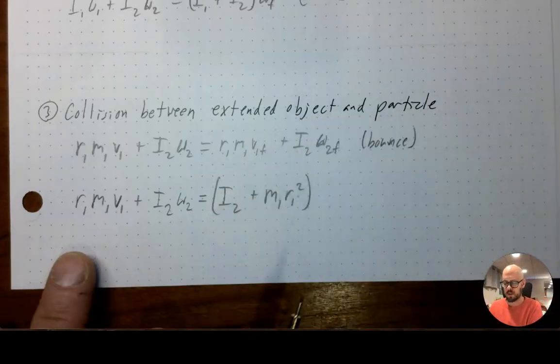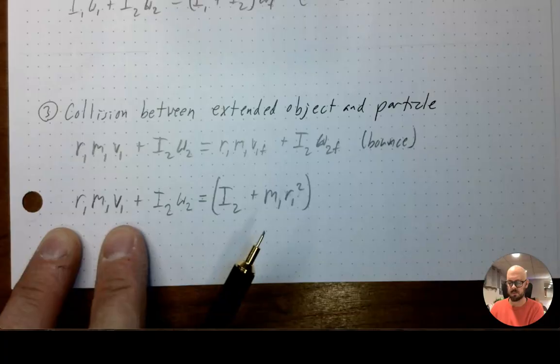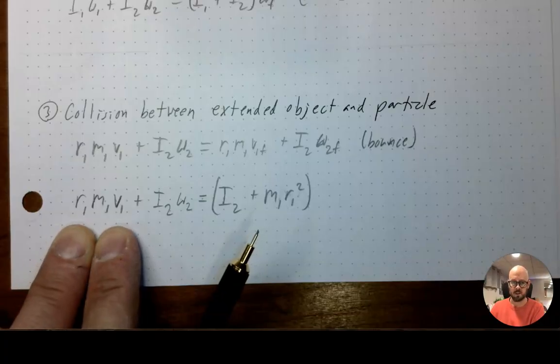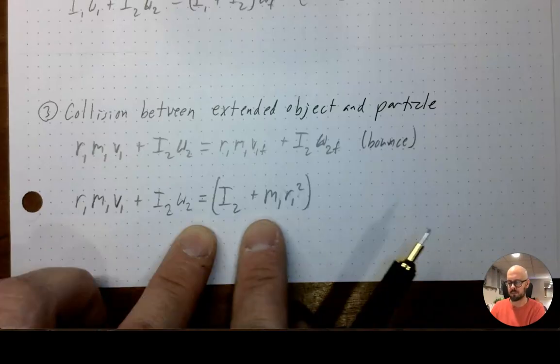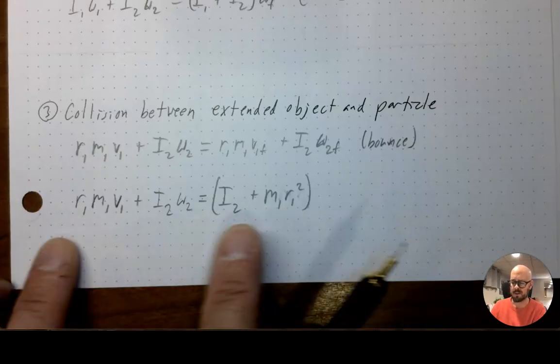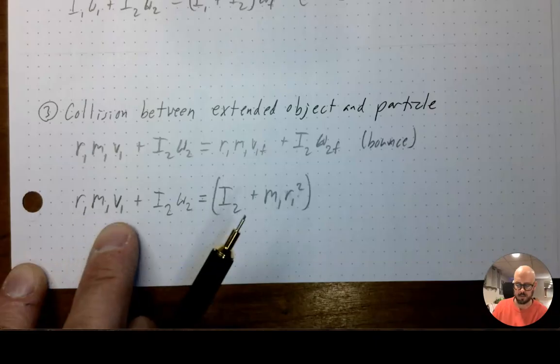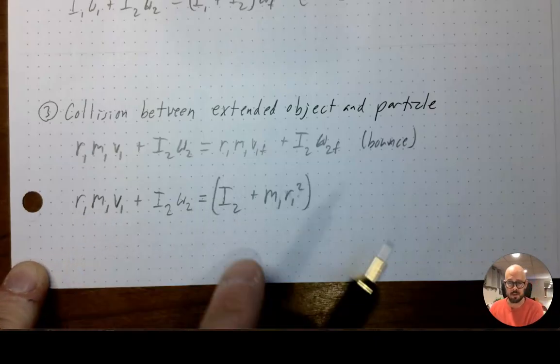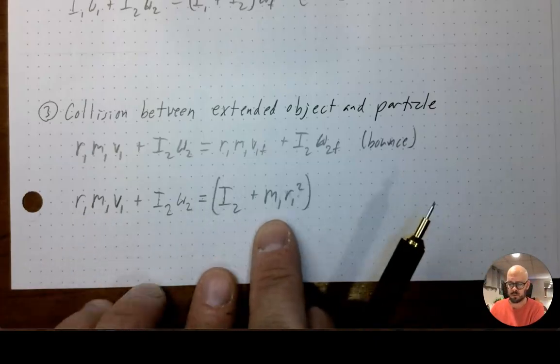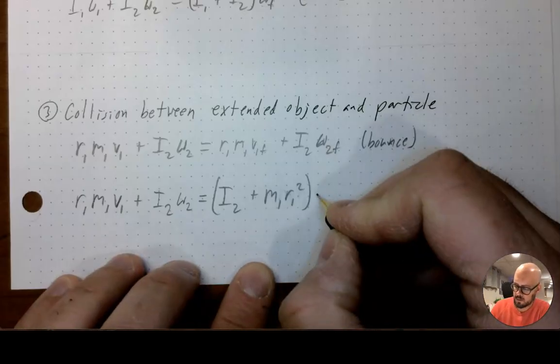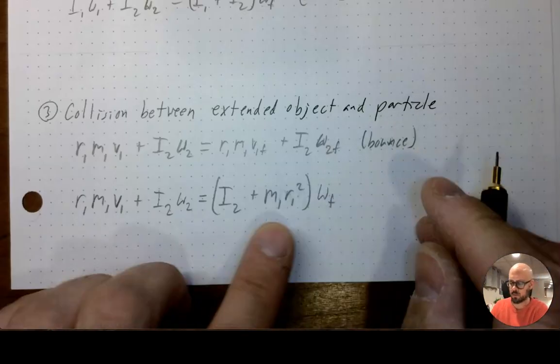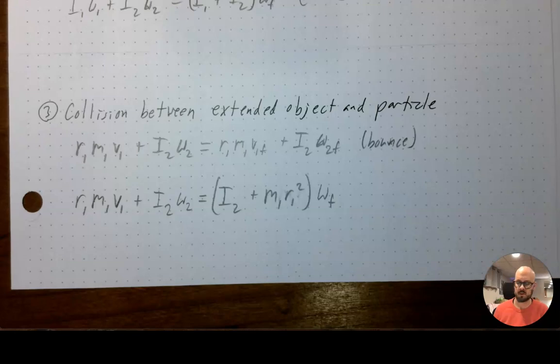So that's worth talking about, that this r times m times v is the angular momentum of a particle. Once that particle becomes part of the rotating system, you can still keep it as r times m times v, but it might be easier to assign it its own rotational inertia and combine it with the other object's rotational inertia.